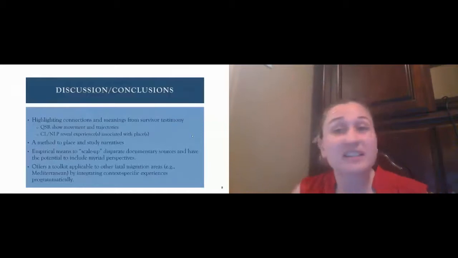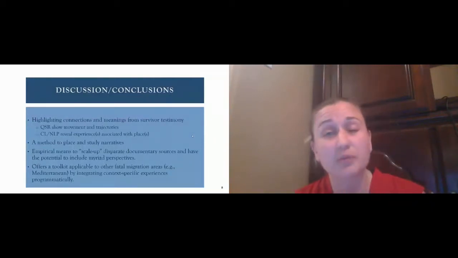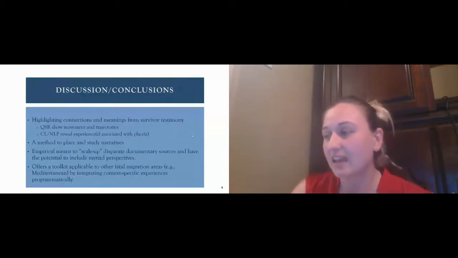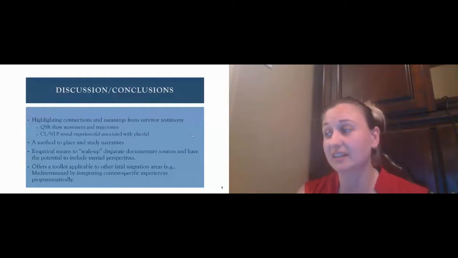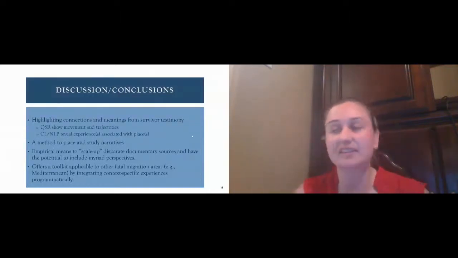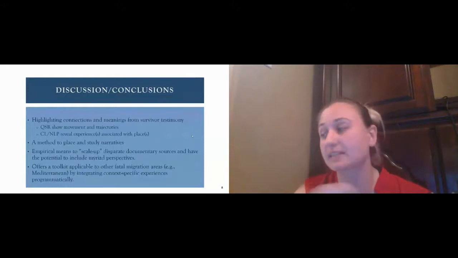All right, so what is this all about? First and foremost, QSR, CLNLP have not been used before in an applied forensic humanitarian research context. So what I hope to accomplish with humanitarian GI science, in particular with these programmatic qualitative methods, is to enable researchers to trace, map, and relate connections and meanings that are not readily mapped in Cartesian coordinate space, sort of a traditional GIS.